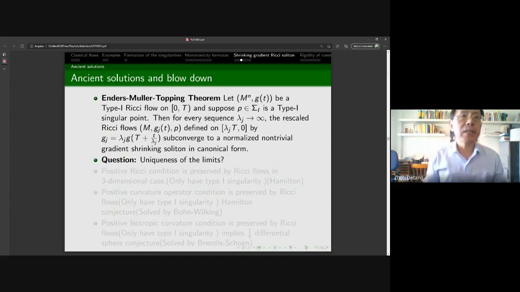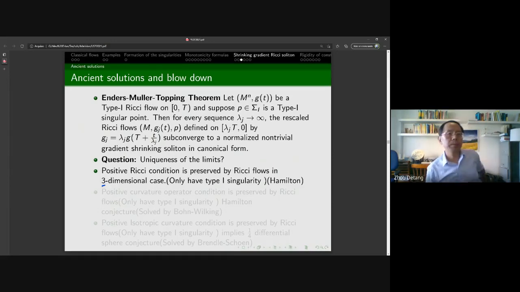Unique means that if you take another sequence of lambda_j, you have the same limit or not. This is an important question for the surgery of Ricci flow.